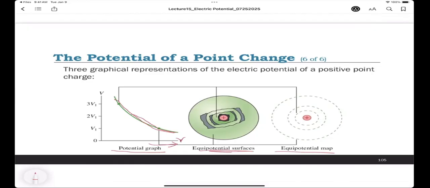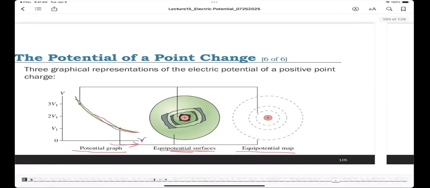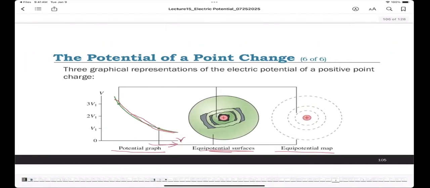It's similar to the potential of a capacitor plate, but this is a point charge.